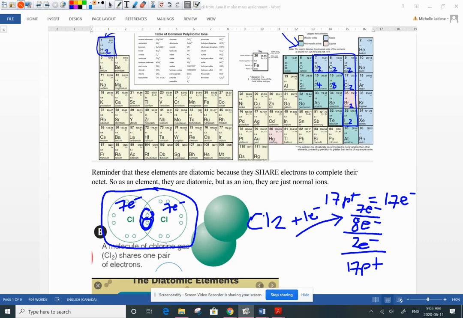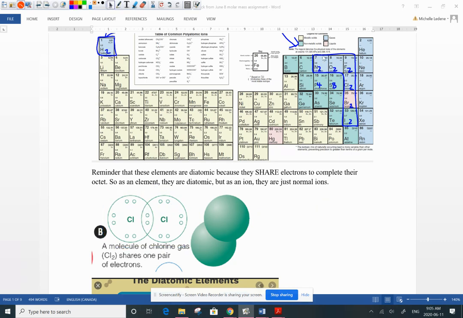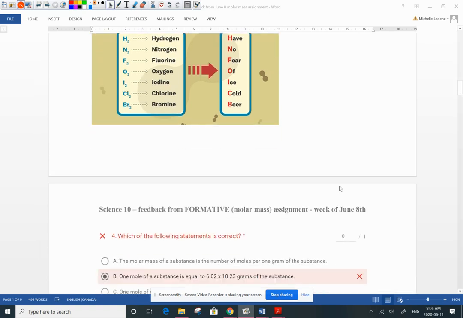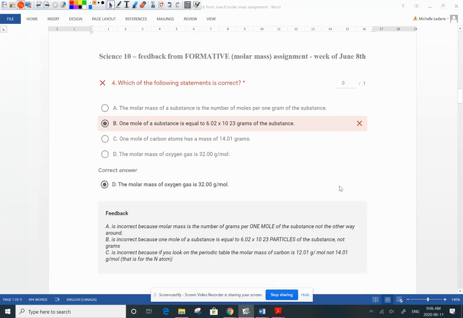So nitrogen, oxygen, fluorine, chlorine, those guys are sharing electrons. There are several ways of remembering this, as I have mentioned: the hockey stick. Here's another one: have no fear of ice cold beer, a little mnemonic to remember it, but you have to have these memorized.